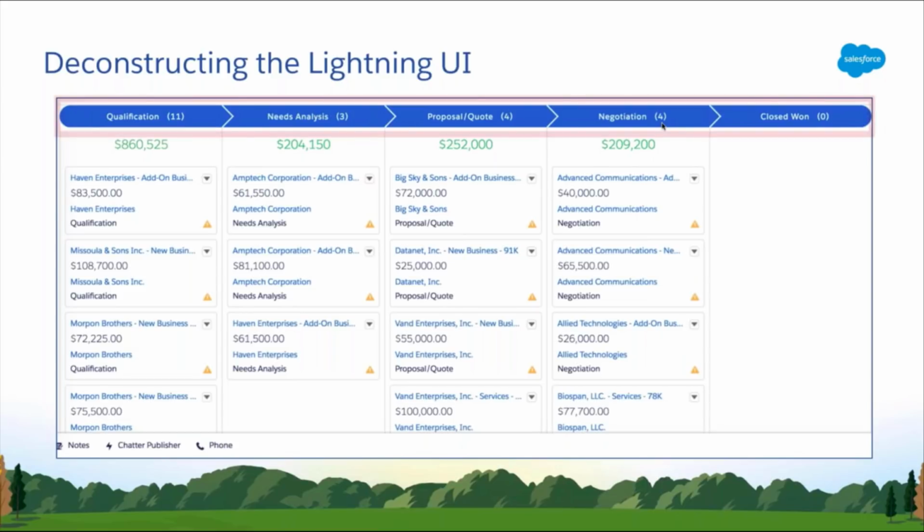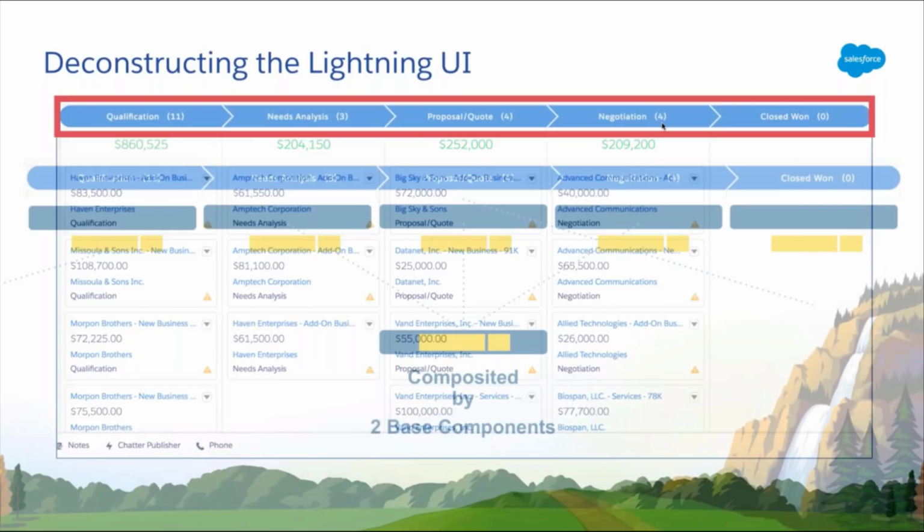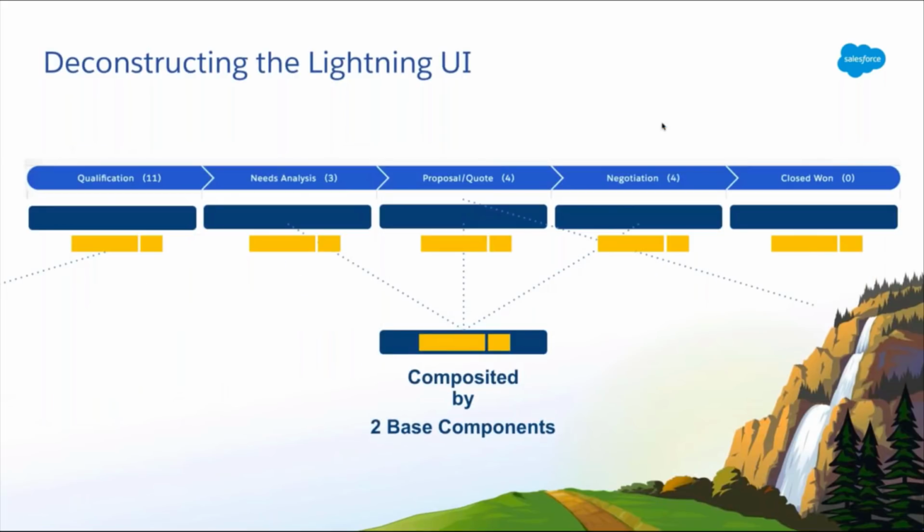If we take something as simple as the sales path here, and I ask you what that is, you would say, that's the sales path. I say, yes, but what is it really? It's really a combination of components. It's actually 2 components that are reused over and over with values changing, that have been composited together to give us that overall sales path component, right?